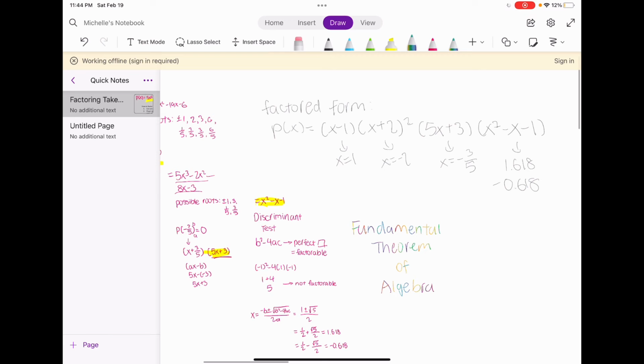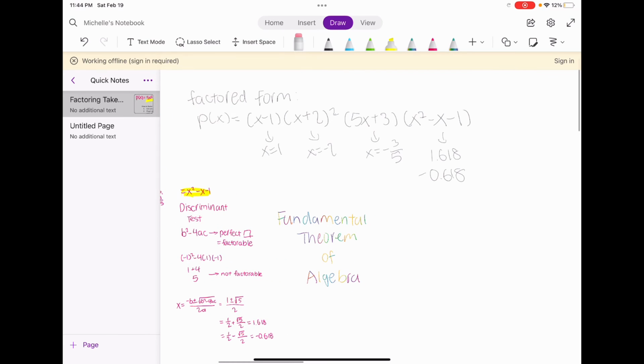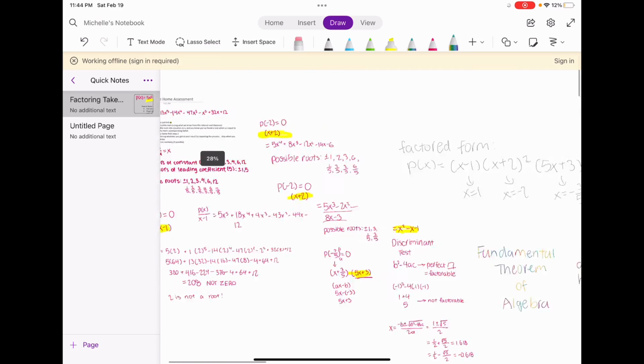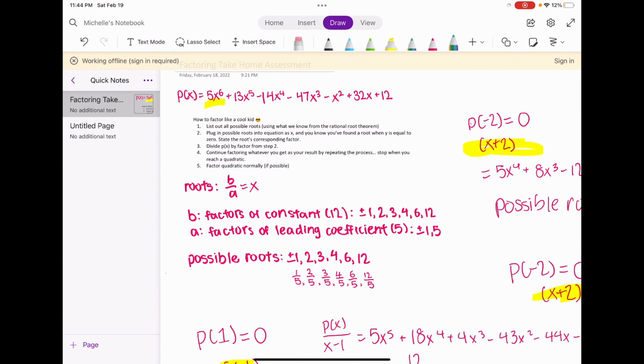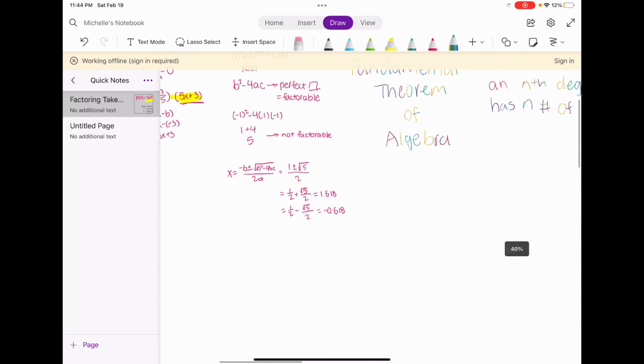Which states that an nth degree polynomial has an n number of roots. Well, what does this mean? We know that we have a 6th degree polynomial because if we look at the original equation, as you can clearly see, it says x to the 6th power. So obviously, it's a 6th degree polynomial.